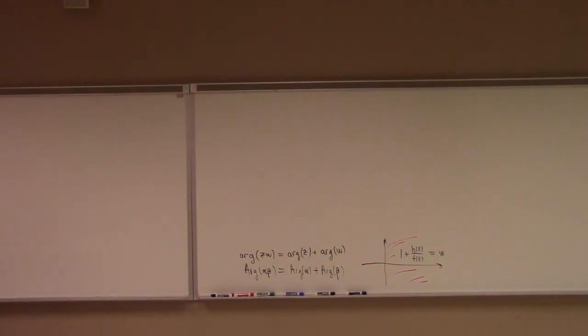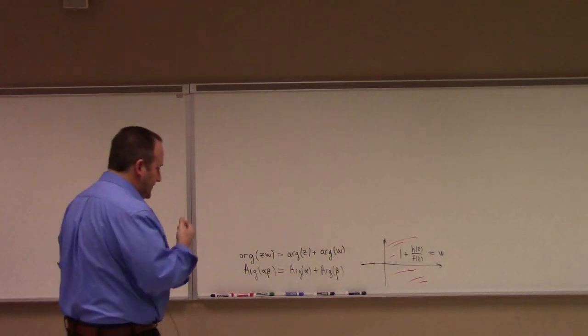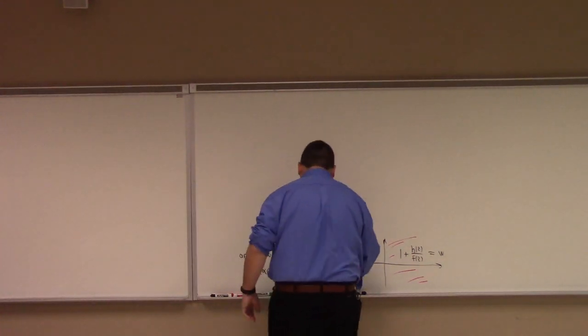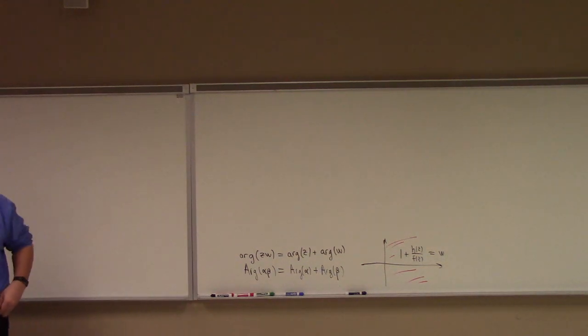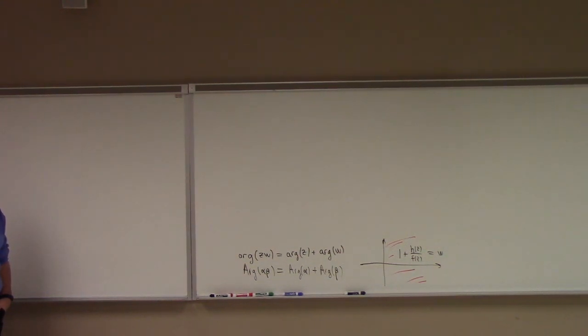Is the punctured disk a domain? I think it's open and connected, so I would have to say yes. What's the boundary, and how do you integrate over the boundary of it? I think that probably I should say bounded domain for Rouche's theorem.